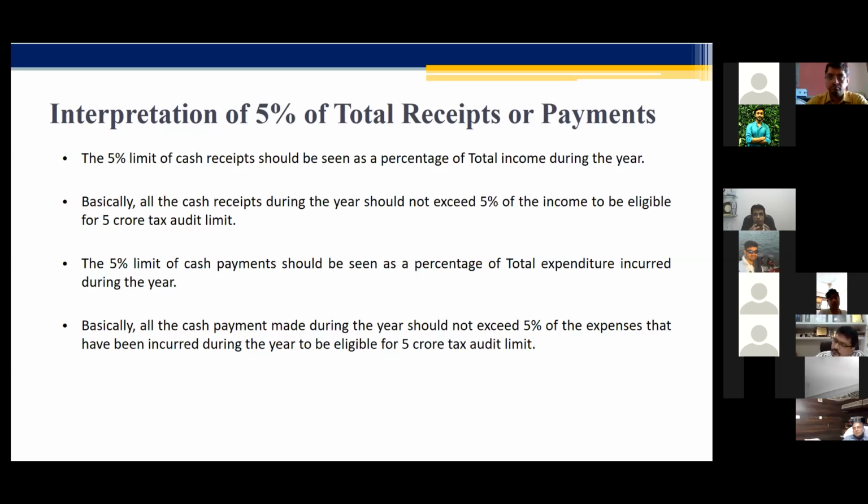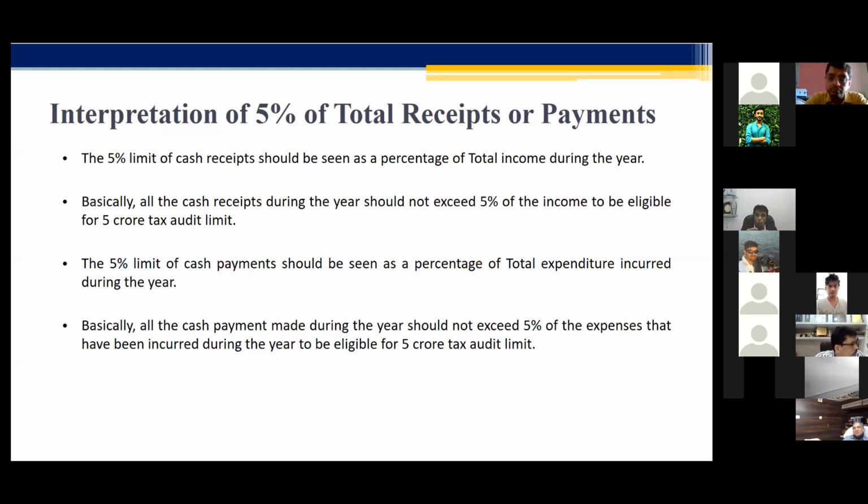The way I look at it, in my view, 5% of total receipts or payments talks of aggregate of total receipts, including sales, turnover, or gross receipts. When I talk of aggregate of total receipts, in the later part it says including. So once it says including, that means it becomes an inclusive definition. That does mean that the earlier portion, aggregate of total receipts, is much wider than the including definition.